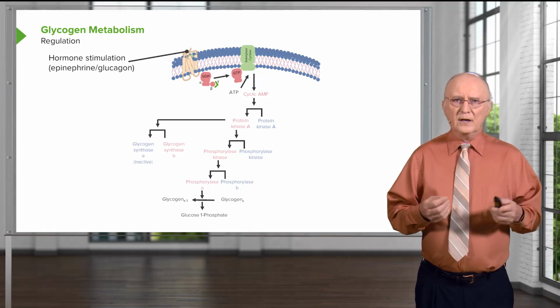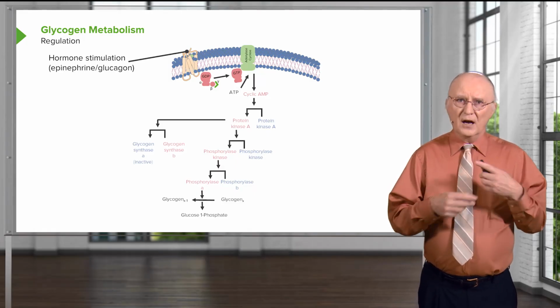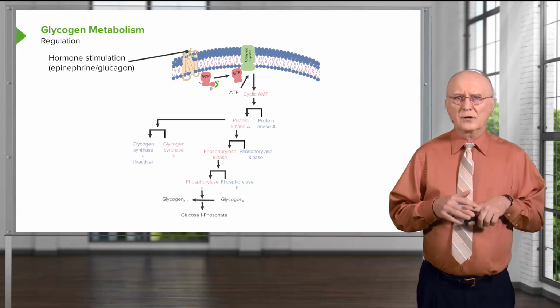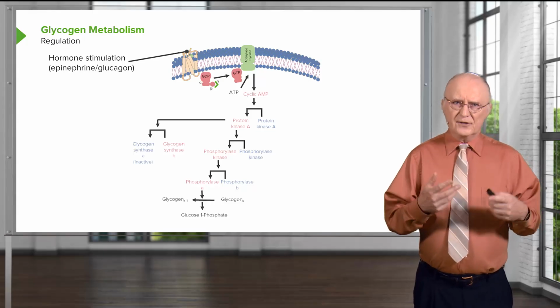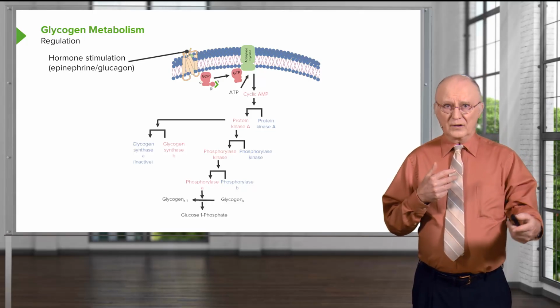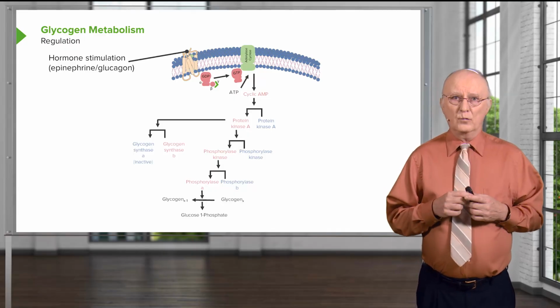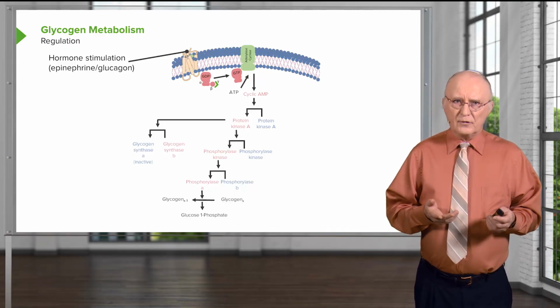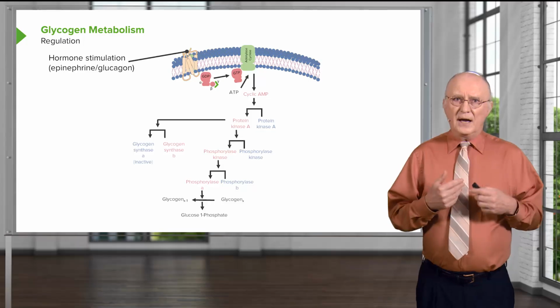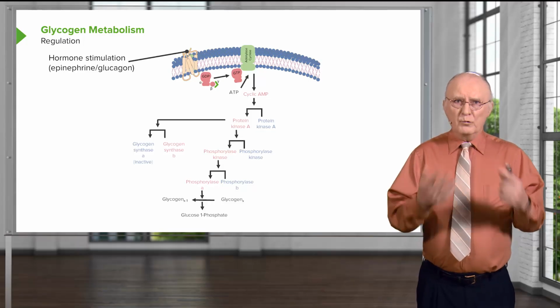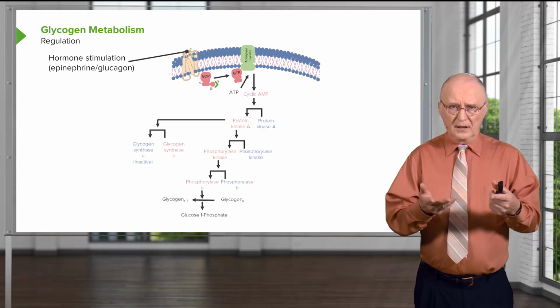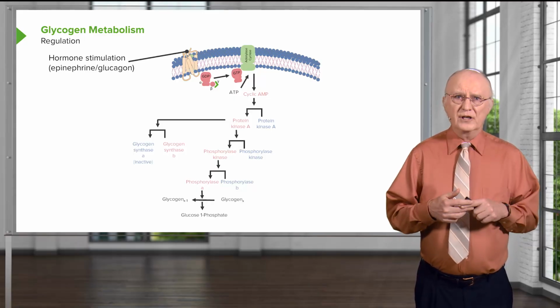Now that's a very critical step in this process because what's called signal transduction that I'm talking about here is an essential way that the outside part of the world connects with the inside part of the world of a cell. In the signal transduction, the receptor that I'm talking about is called the beta-adrenergic receptor.